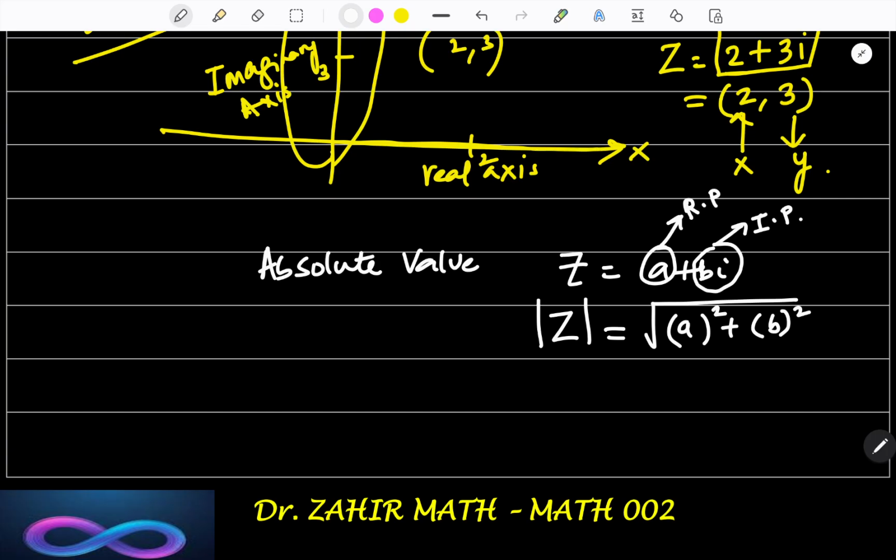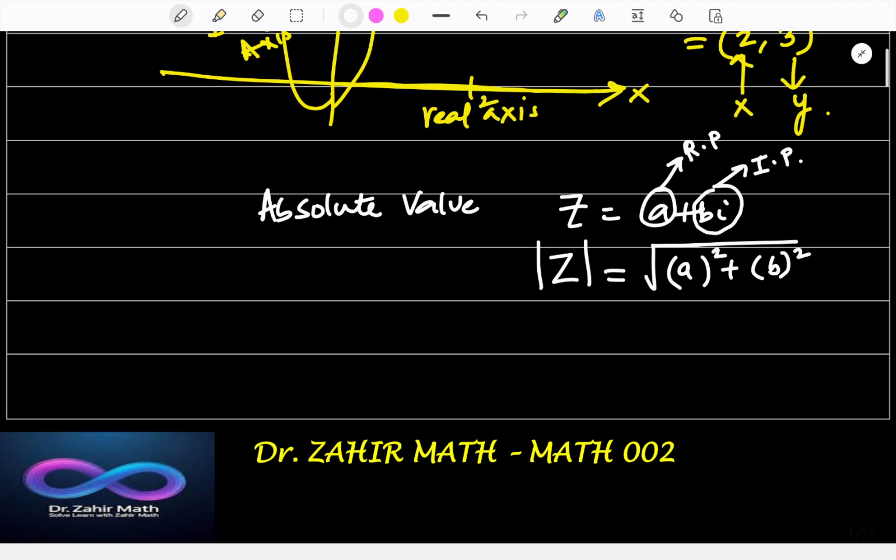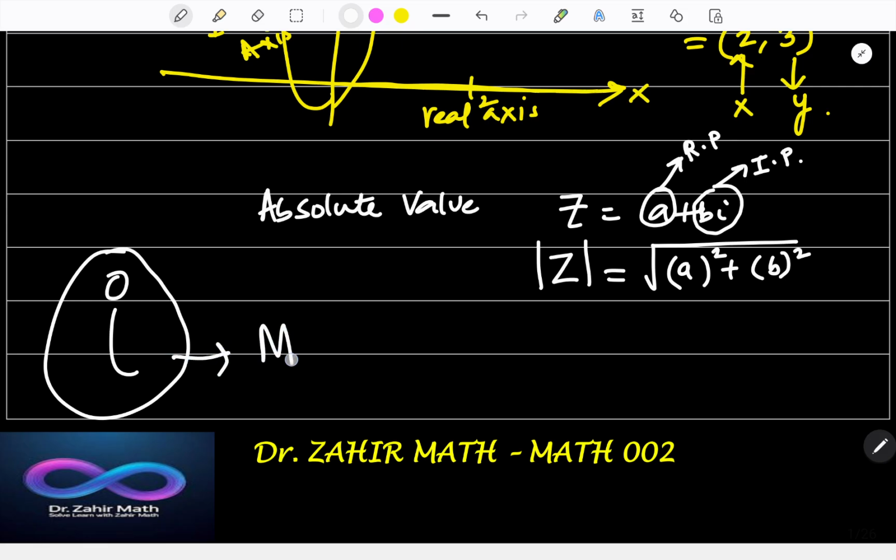Okay, right. But now this absolute value we are going to find using a calculator. So come on, take your calculator, all of you. To operate with complex numbers, if you want i in your calculator, you should go to complex mode. Keep in mind, complex mode should be shown on the screen.